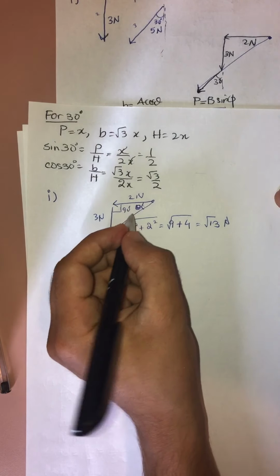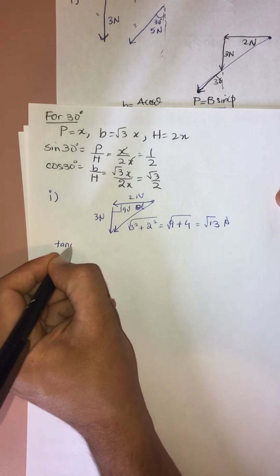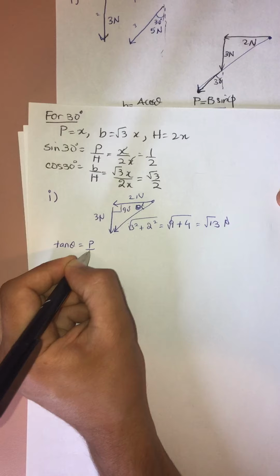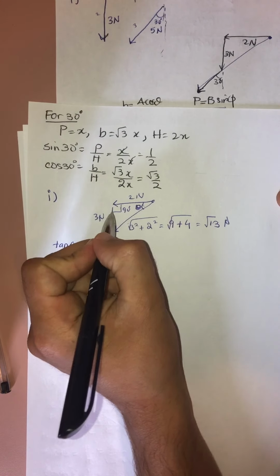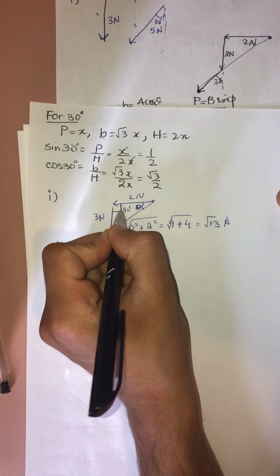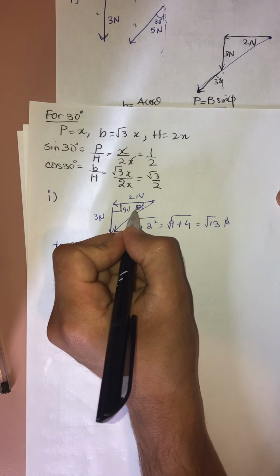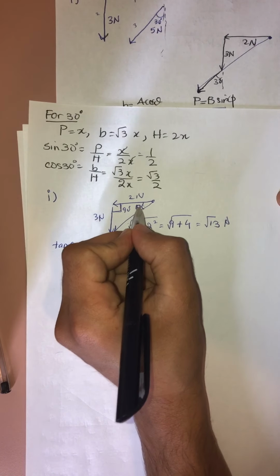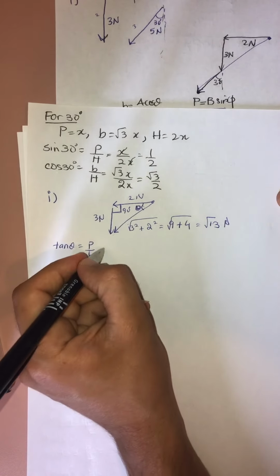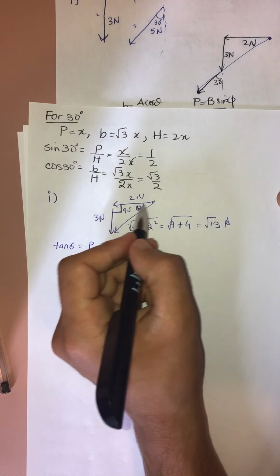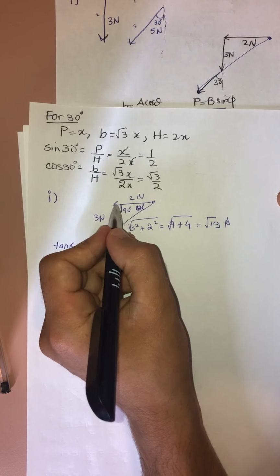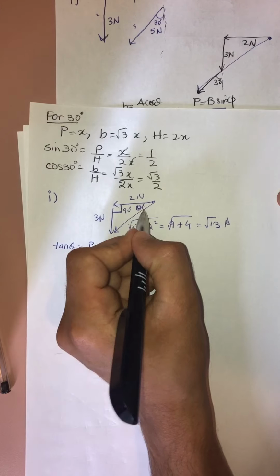We know that tan theta is equal to perpendicular divided by base, and from our previous lectures we know that the side opposite to theta is the perpendicular, so our perpendicular is 3 here, and our base is this 2, because it's holding the 90 degrees and theta.